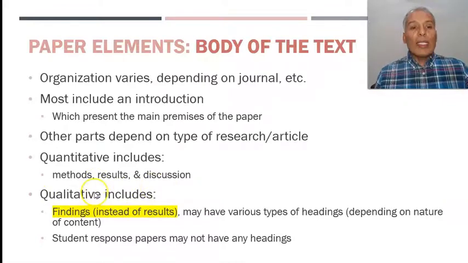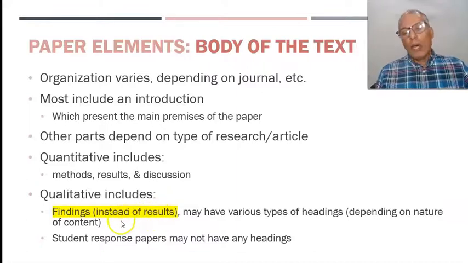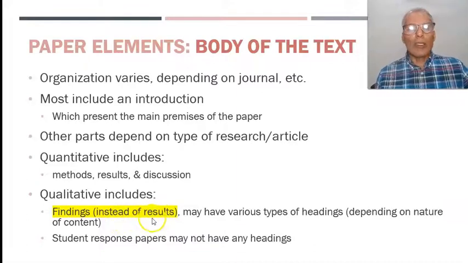Qualitative papers include, for example, findings. They say the findings of the paper show this and that, instead of results. You may have various types of headings depending on the nature of the content.